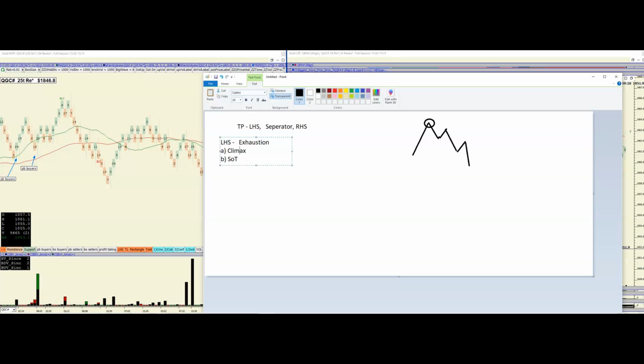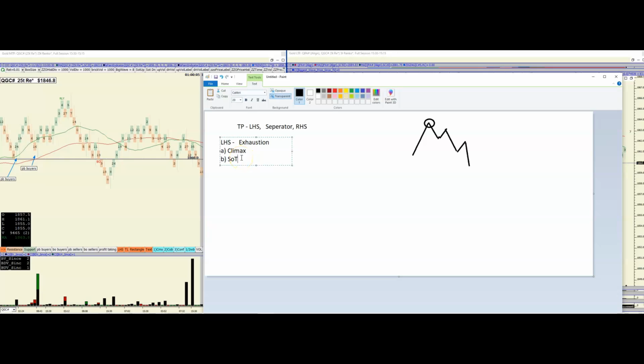The climax is that the buyers are exhausted because they have that one last ditch effort where they get overbought. They really press and the market gets overbought. So they're exhausted from all that work that it took to move the market up at the top of a trend. The other type of exhaustion is a shortening of the thrust.